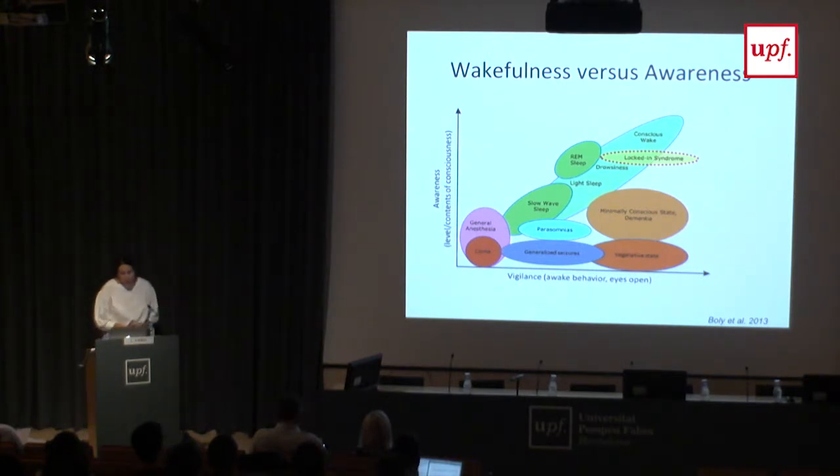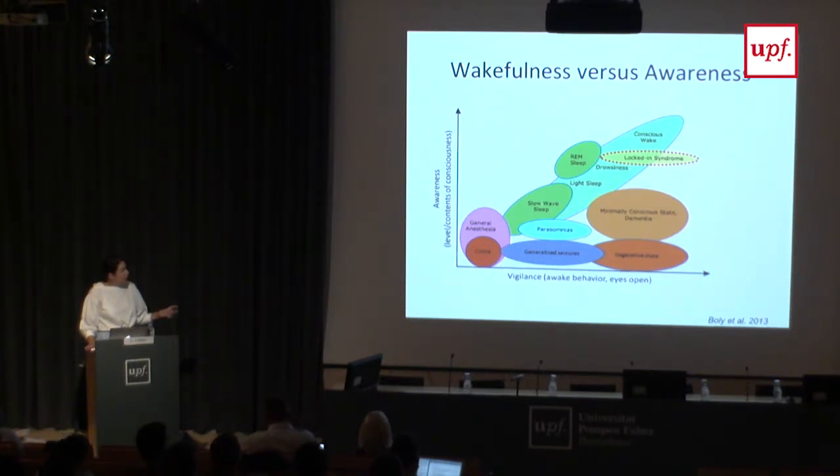So how can we study the anesthetic agents when we don't want to study only their molecular actions? What we know is that anesthesia gives a very low vigilance state, so the people or the animals aren't awake at all when we use anesthetics.